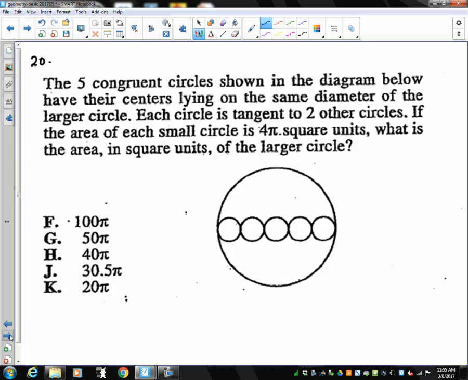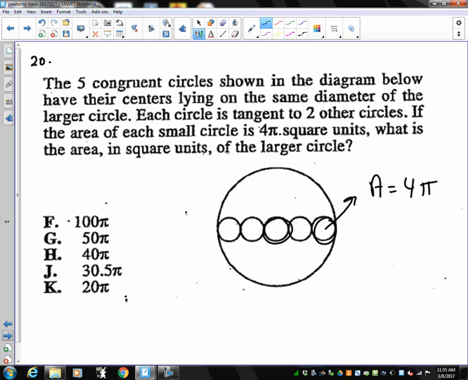Now, notice it didn't really tell me the radius or the diameter of the little circles. All it told me is that each of these little identical circles has an area of 4 pi. So let's just note that the area of that little one there is 4 pi.